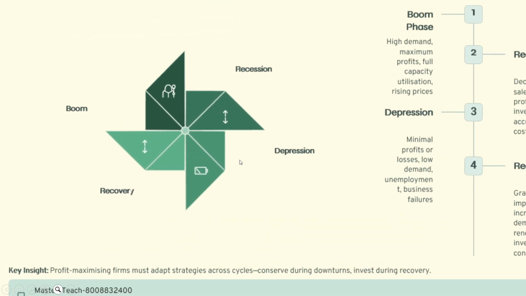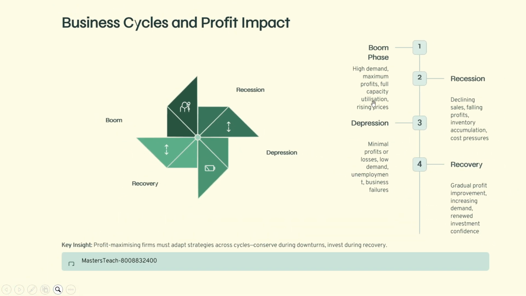So how does the business cycle happen? First, in the initial stage, the boom phase: everything increases, with high demand, maximum profit, full capacity utilization, and rising prices. Then recession, continuous decrease: declining sales, falling profits, and cost pressures.